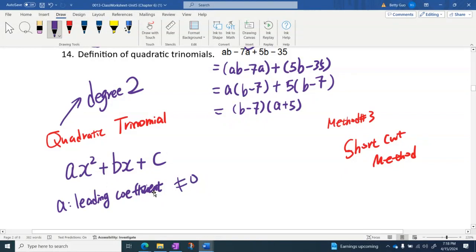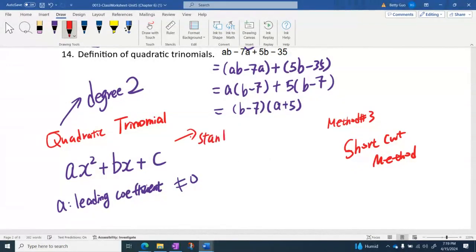It's always non-zero. So if we have a polynomial that looks like ax squared plus bx plus c, you see the degrees go down to 1, 0, right? That polynomial is a quadratic trinomial, and this is the standard form of a quadratic trinomial.